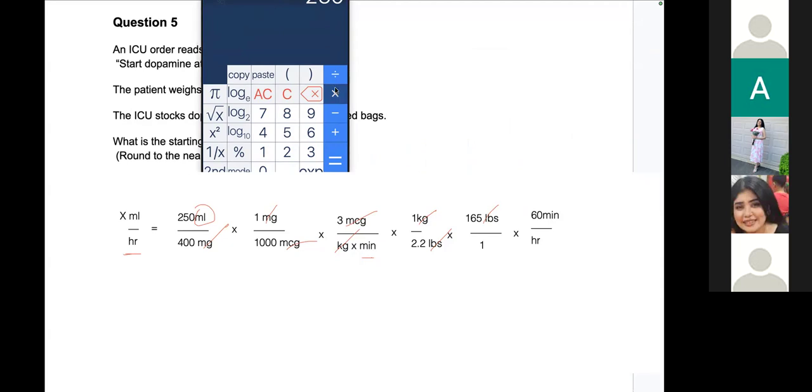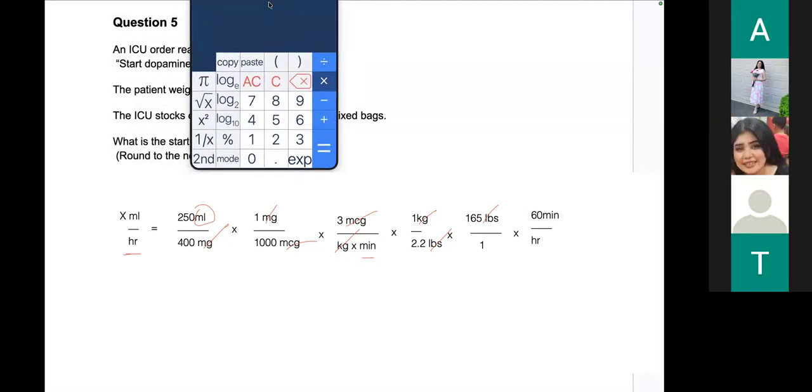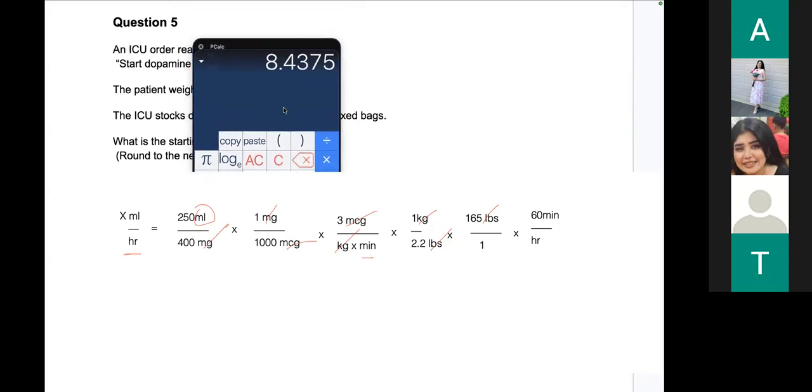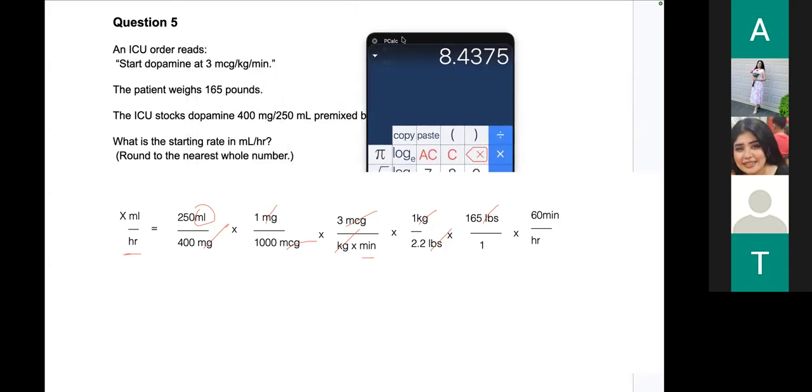So 250 times 3 times 165 times 60 divided by 400 divided by, this is long-winded, 1,000 divided by 2.2 equals, see what I got. I got the same as you guys because it said round to the nearest whole number, and you guys all did put the whole number. So 8 milliliters per hour is our answer.